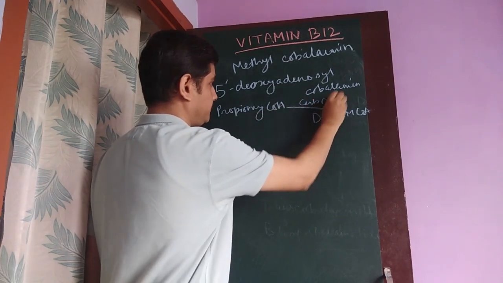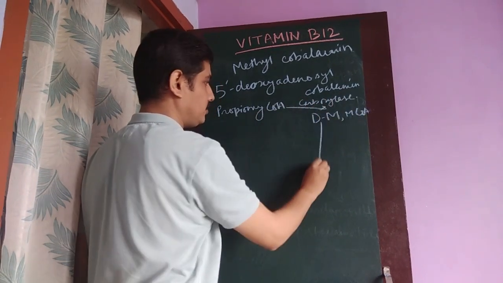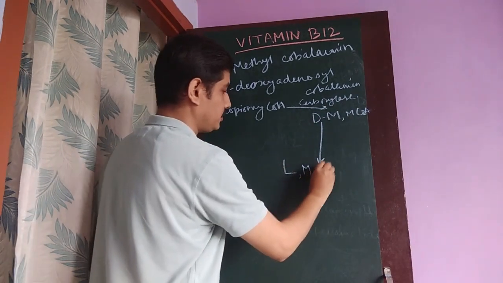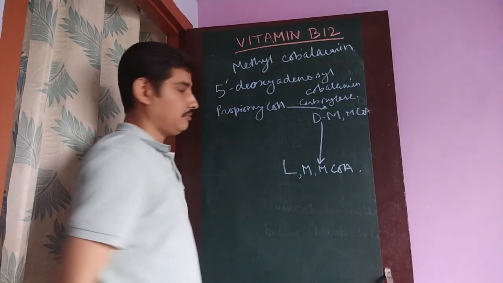Carboxylase enzyme is required. Then D-methylmalonyl coenzyme A gets converted into L-methylmalonyl coenzyme A by racemase enzyme.